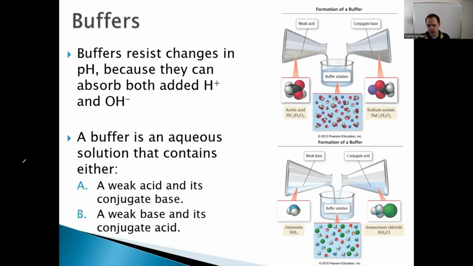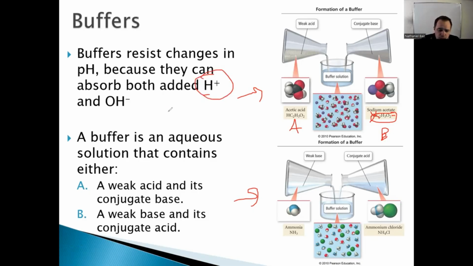So how is a buffer able to withstand both acid being added and base, hydroxide, being added? Well, let's look at this top buffer, and then we'll look at the bottom one. Let's imagine we add H+ to this top buffer. Here's how this works. For the top buffer, here's my acidic component, and then the conjugate base, acetate, that's my basic component. This top buffer has the acetate ions that are capable of reacting with H+.